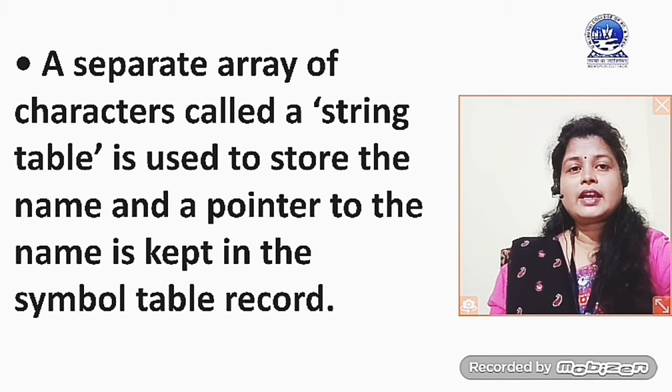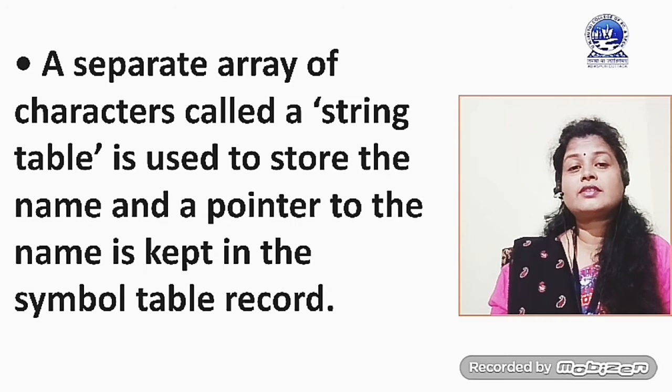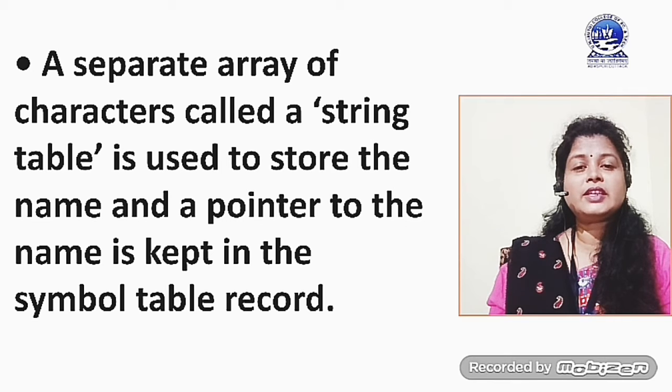A separate array of characters called a string table is used to store the name, and a pointer to the name is kept in the symbol table record. For example, you are storing the information about an array, and in the symbol table you cannot store all the information. In that case, you use one extra memory location.